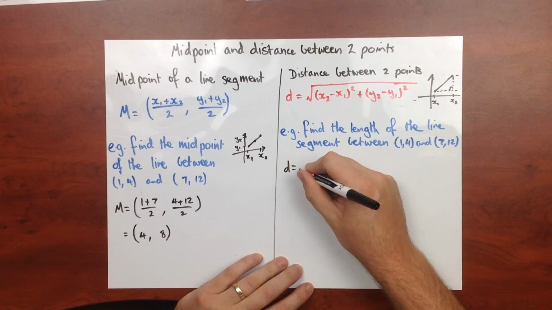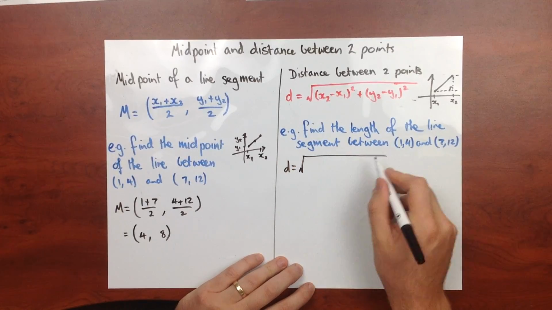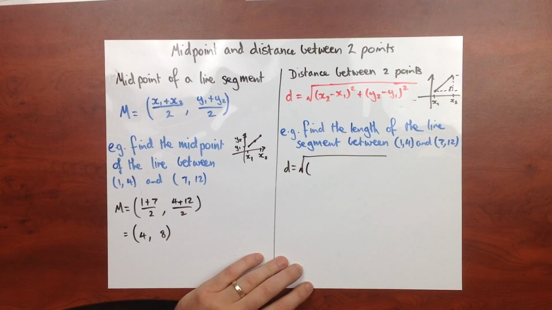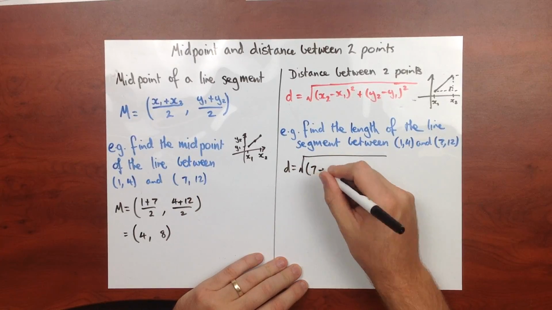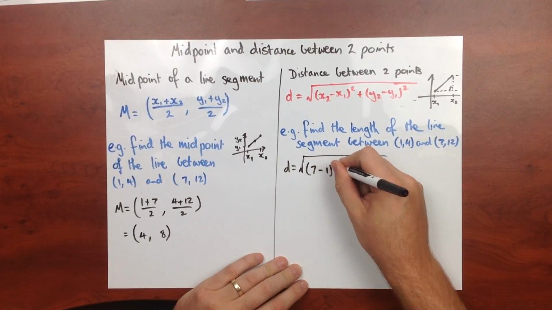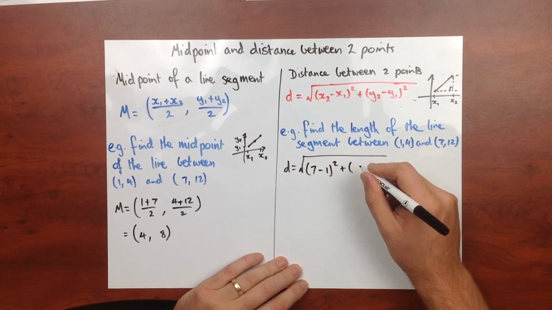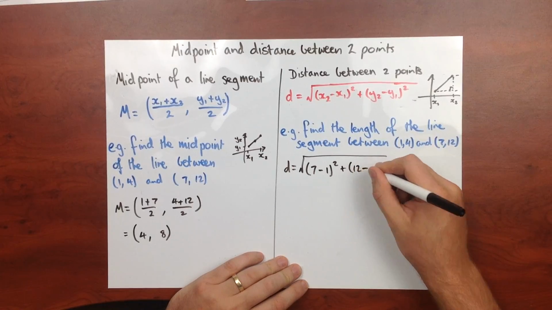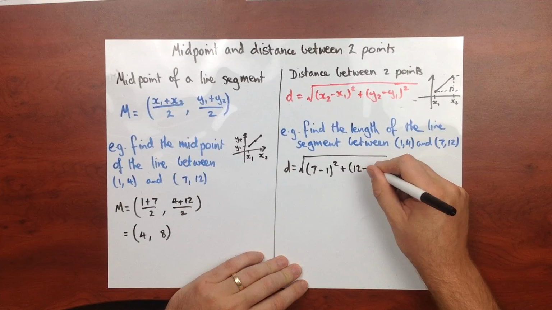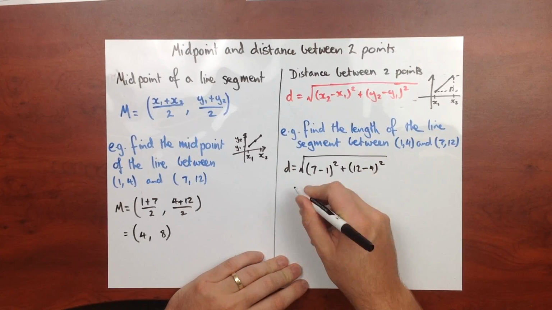So d equals the square root of our x2, which was 7, so that's 7 minus 1 squared plus our y2, which was 12 minus 4 squared.